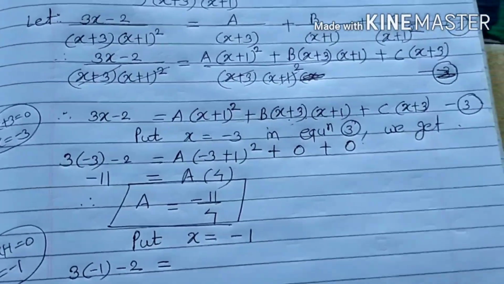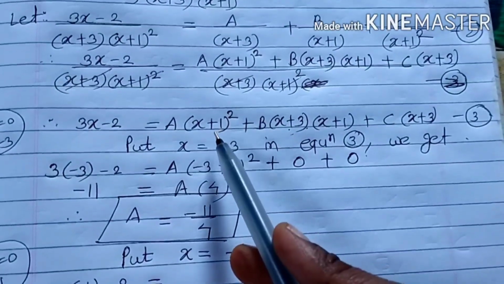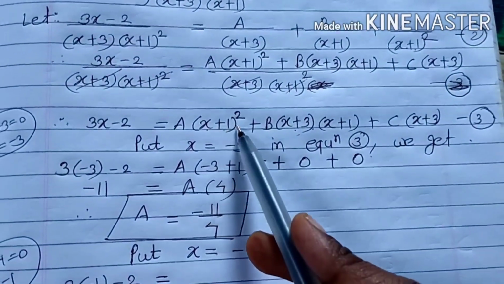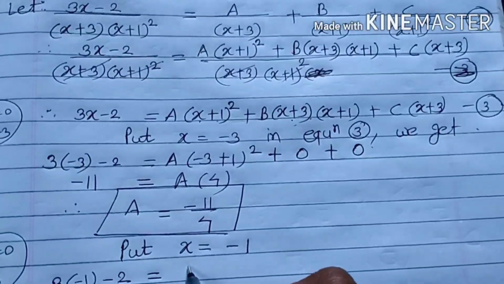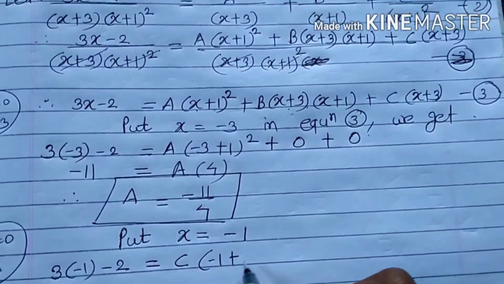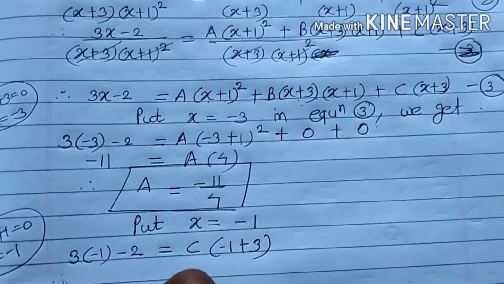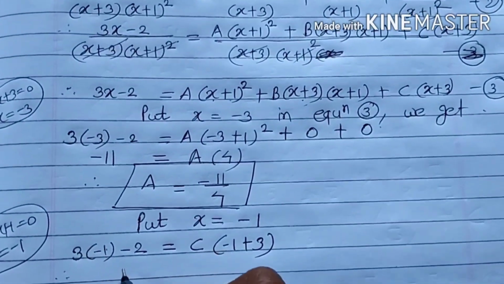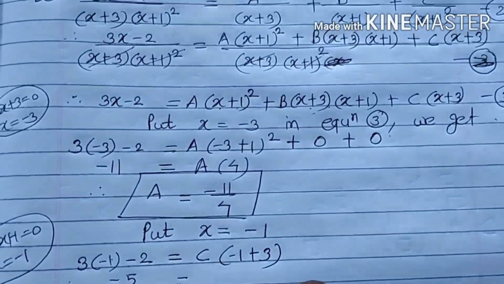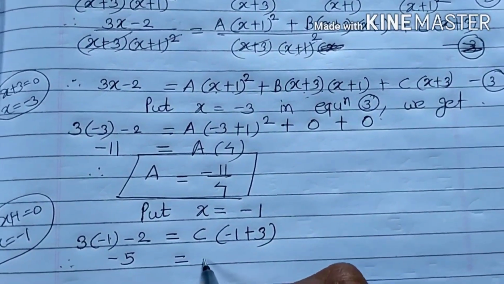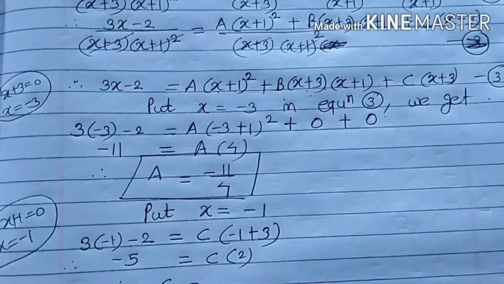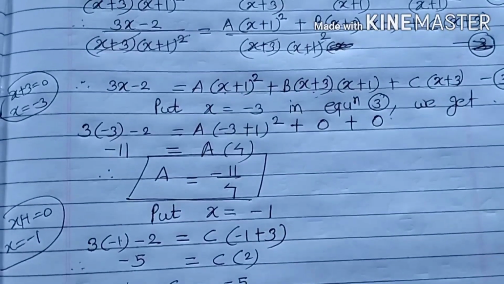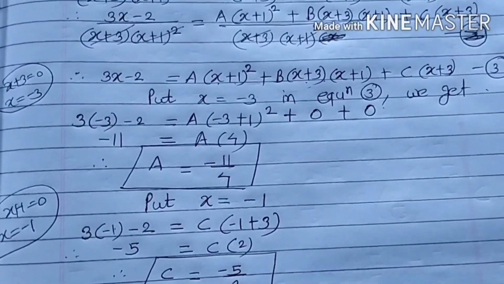When you put minus 1, x plus 1 becomes 0, here also 0, so we get only the value of c, which is minus 1 plus 3. Therefore 3 minus 2 minus 5, which is equal to minus 3 plus 1 by 2. So therefore c is equal to minus 5 upon 2. This is the value of c.